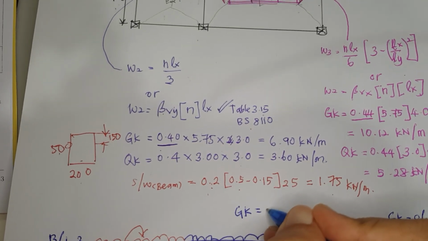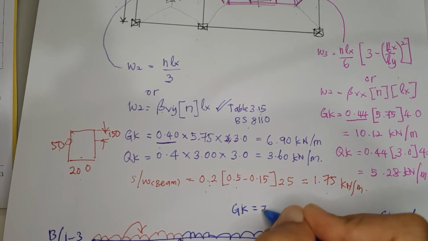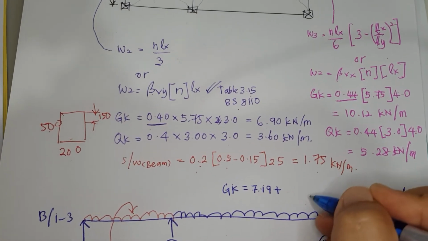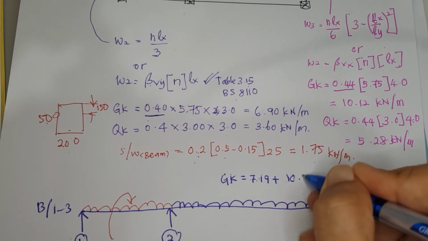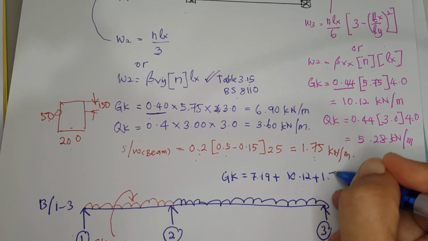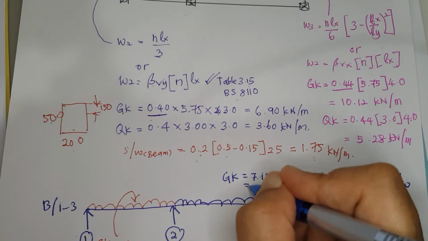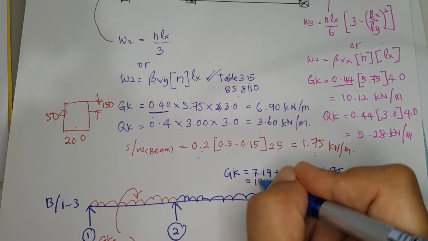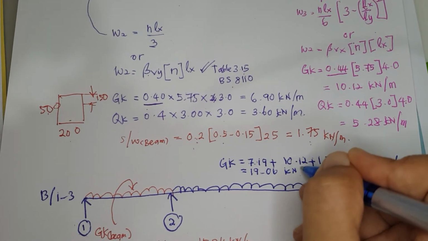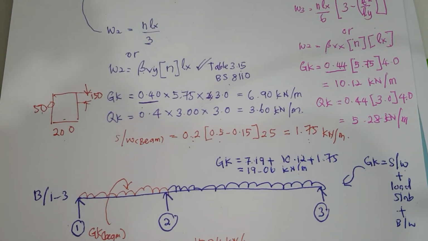So we write here 7.19 plus 10.12 plus self-weight of the beam 1.75. So our GK here is 19.06 kilonewton per meter.